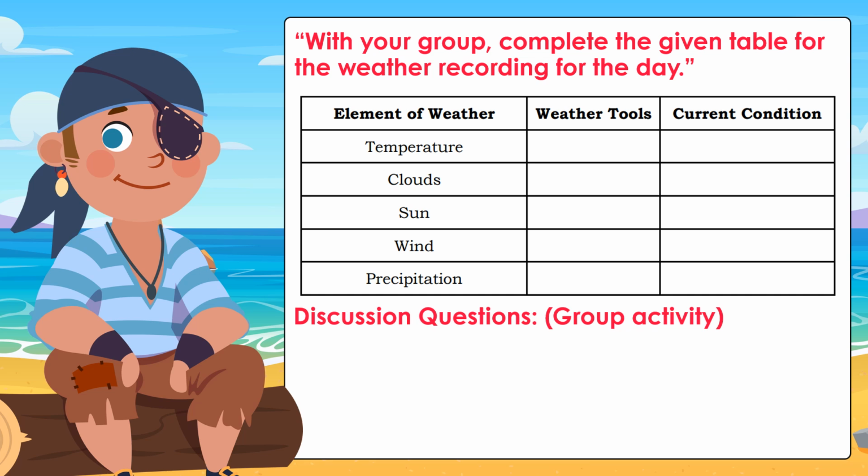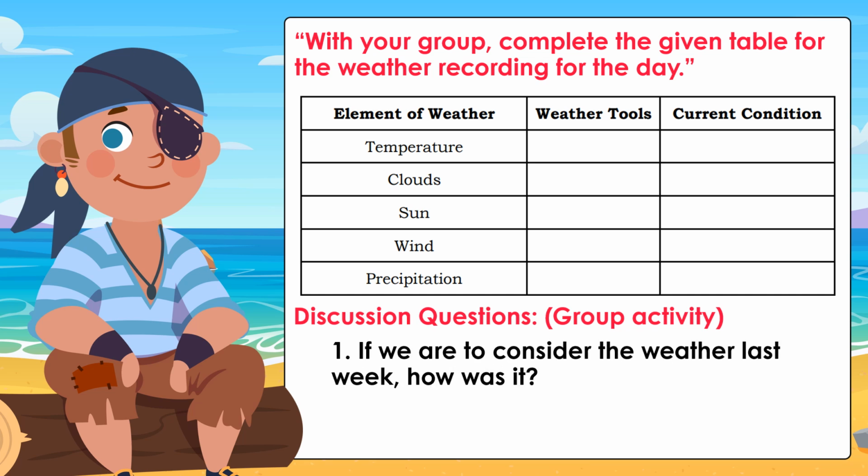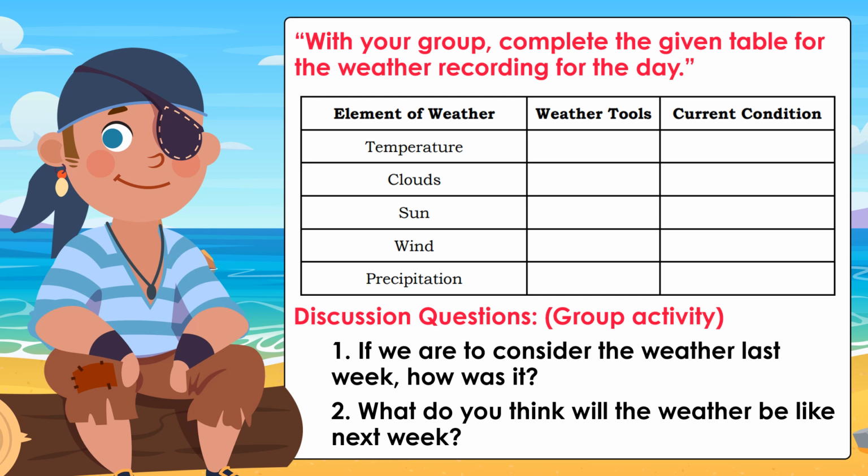Here are the discussion questions. Group activity. Number 1, if we are to consider the weather last week, how was it? Number 2, what do you think will the weather be like next week?